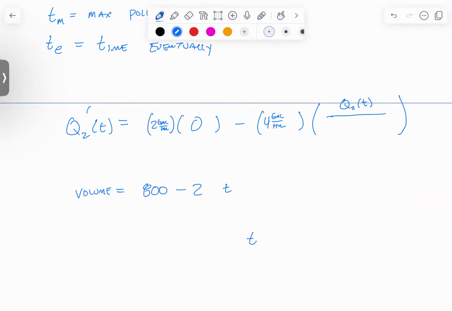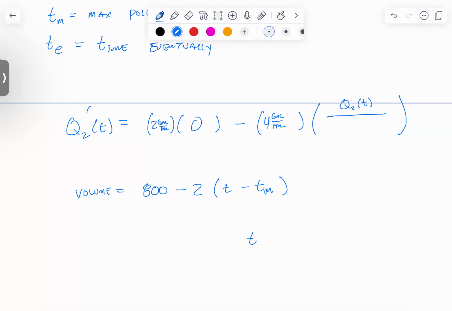Now here's the other thing. I would absolutely do 800 minus 2T as before, because that's what we did last time. We did 600 plus 3T, because overall it was an increase of 3 per time. But because this second process is delayed, I have to offset it by my time of maximum pollutant.